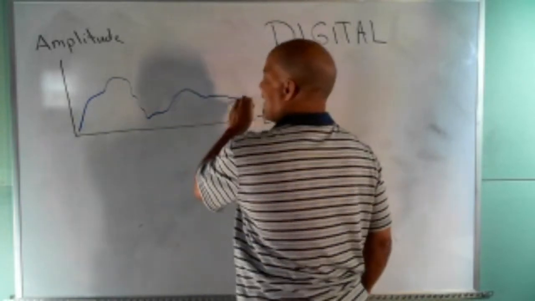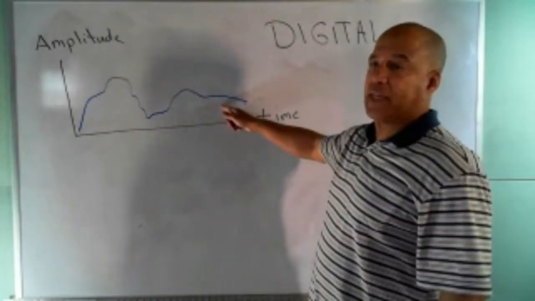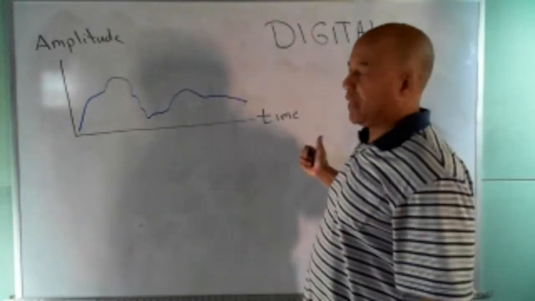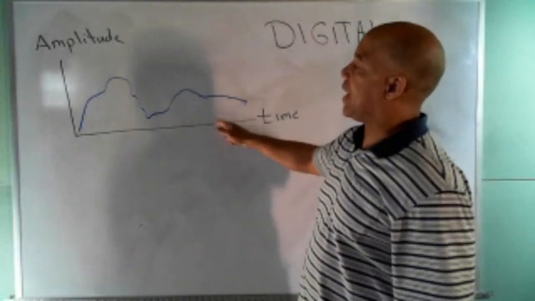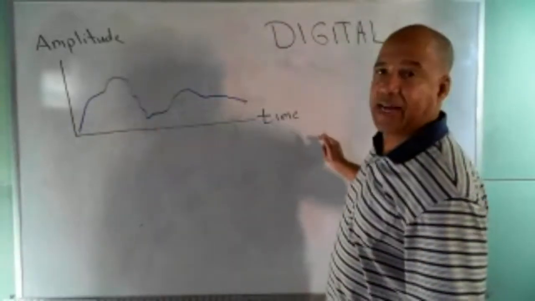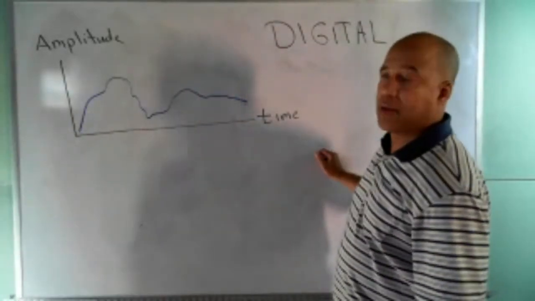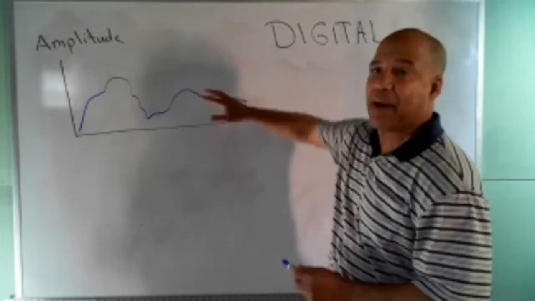This is an analog representation of whatever physical quantity we inputted into the transducer. This is an analog quantity because never did you see me lift the marker off the board. This is a continuous line, a continuous drawing. So the analog signal is continuous, it's not broken.